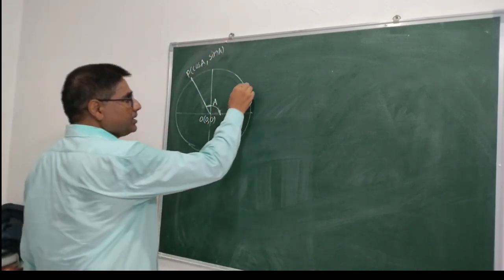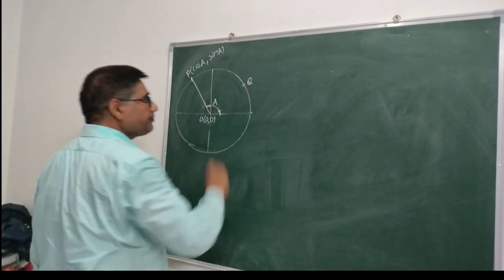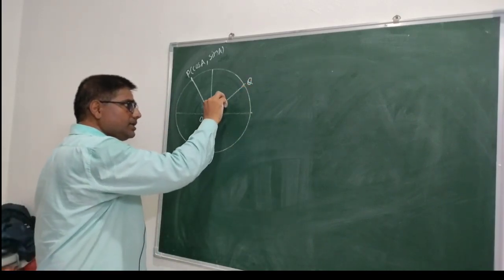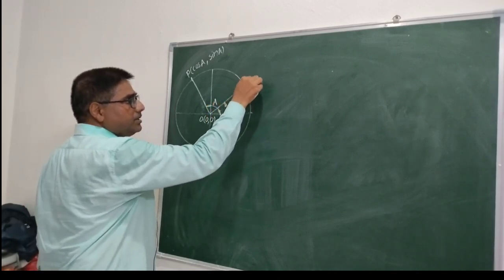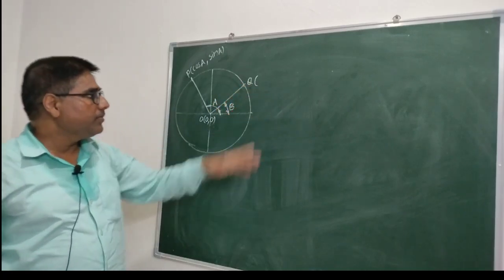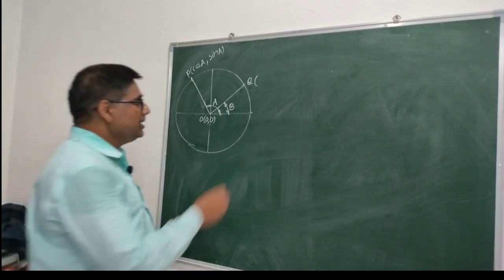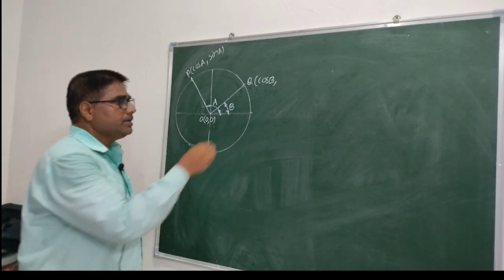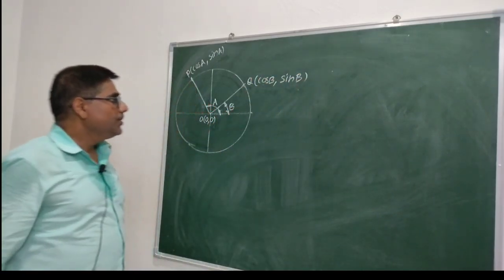After this, let's take another point here. Say this point is Q. Let's join this point with O and say this angle is B. Now once again we can write the coordinates of this point Q in polar form, that is r cos B, that is 1 cos B, simply cos B, comma r sin B, that is simply sin B, because the value of r is 1.